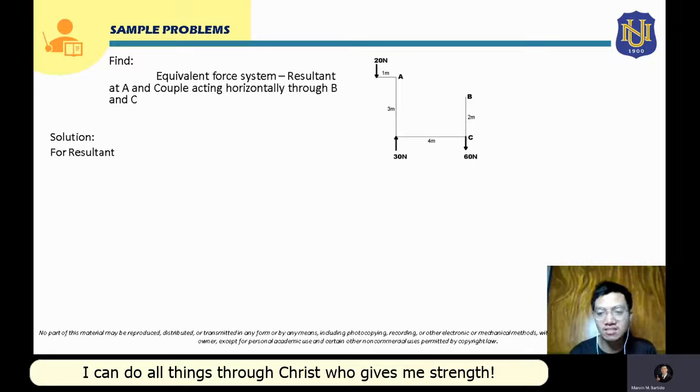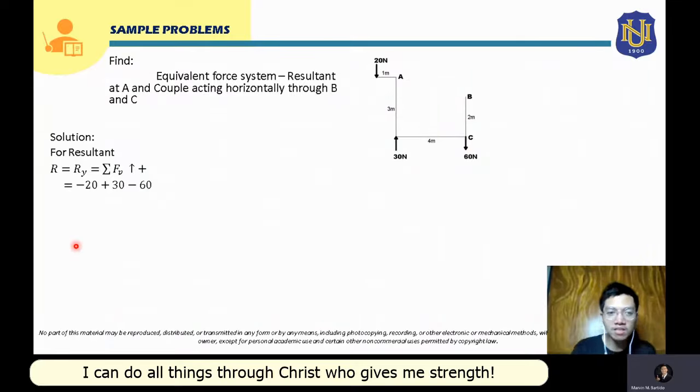Solving for the resultant, since these are vertical forces, it will just be the summation of all these vertical forces. We have the assumption that all forces upward will be positive. Your 20 Newton force will be negative since this is downward, your 30 Newton force will be positive since it is upward, and 60 Newton force will be negative since it is downward.